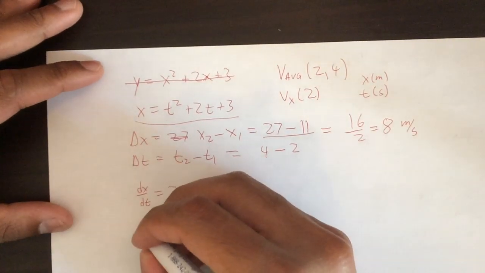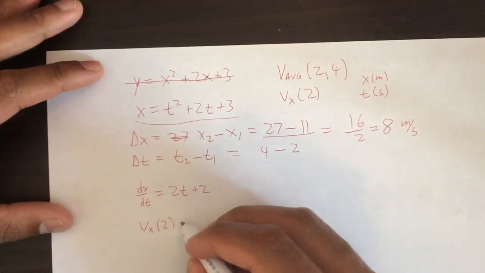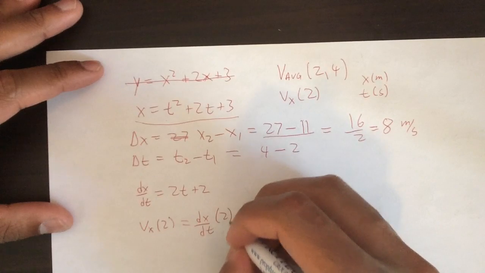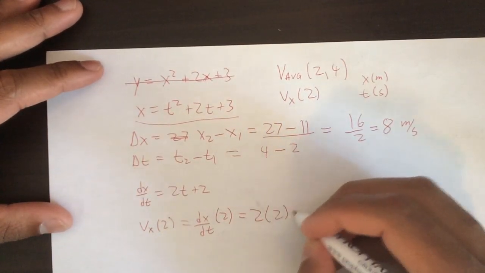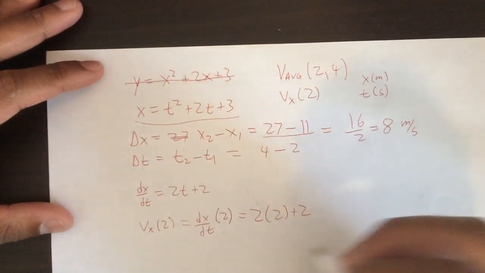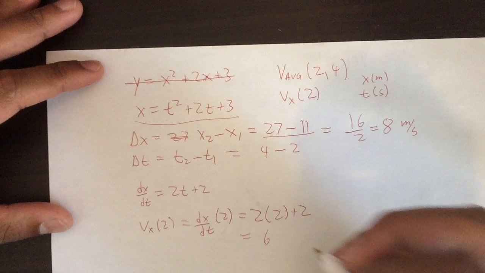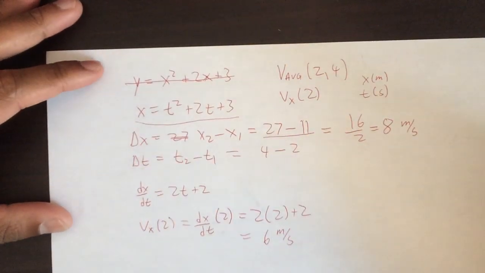And we know that vx, the instantaneous velocity at 2 seconds, is equal to dx/dt at 2 seconds, which is equal to 2 times 2 plus 2. So 2 times 2 is 4, plus 2 is 6. And this is meters per second.